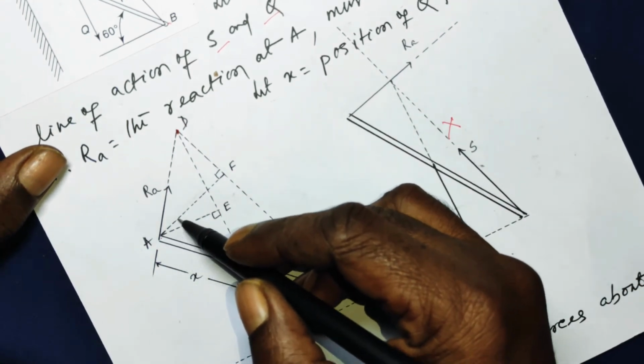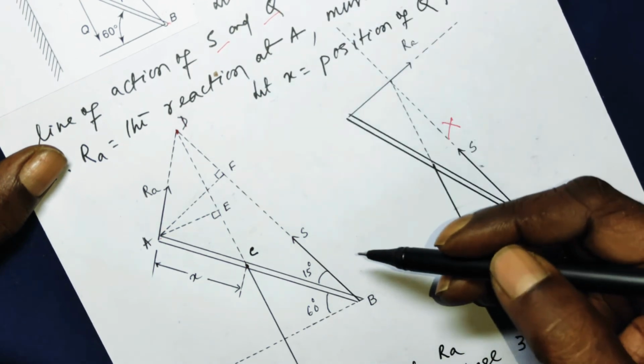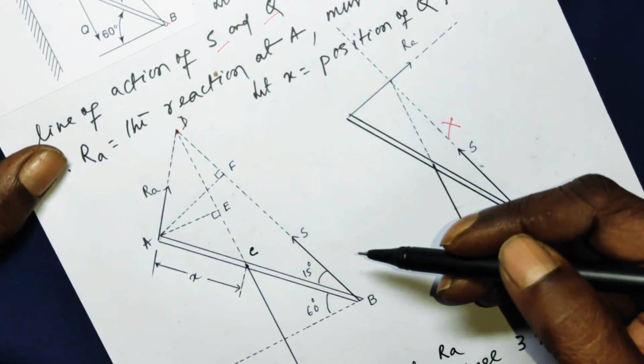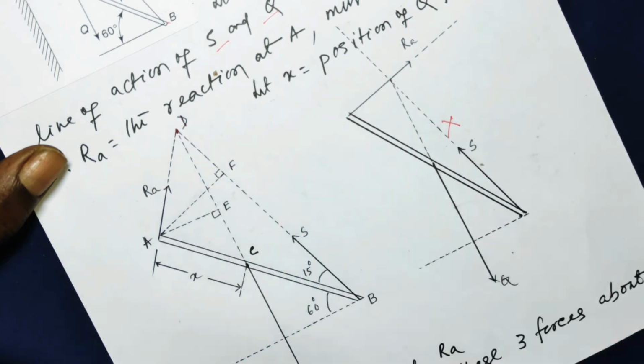I have drawn a perpendicular here on the line BD, so that I can find this perpendicular distance later on, that is AF.